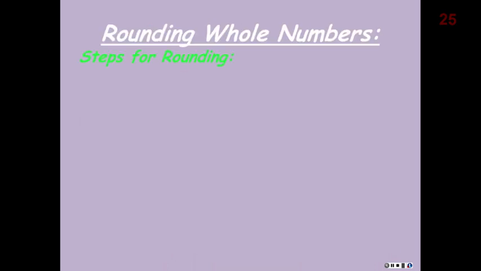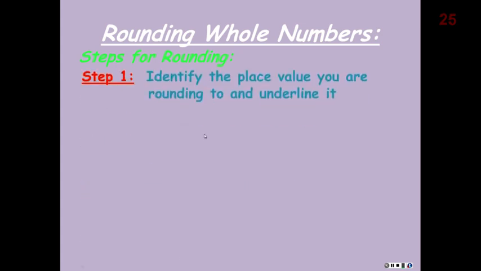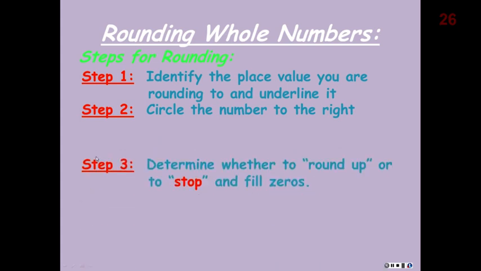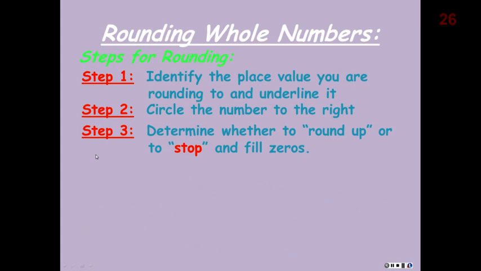All right. Here are the steps again. You're going to identify the place value that you're going to round to, and you're going to underline it. This is what you do during the strategy. You're going to circle the number immediately to the right of the number that you underlined. You're going to compare, determine whether you're going to round up or you're going to stop and fill zeros. Okay?